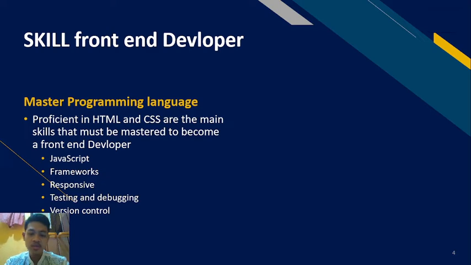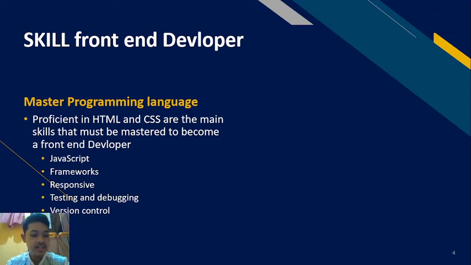This also affects the skills that must be possessed by someone who works as a front end. Responsive design is a graphical display approach used to create content that fits a variety of screen sizes.